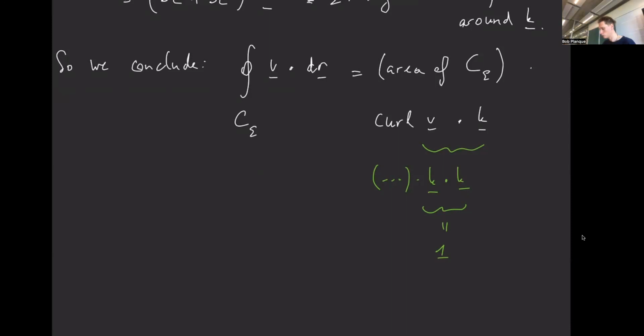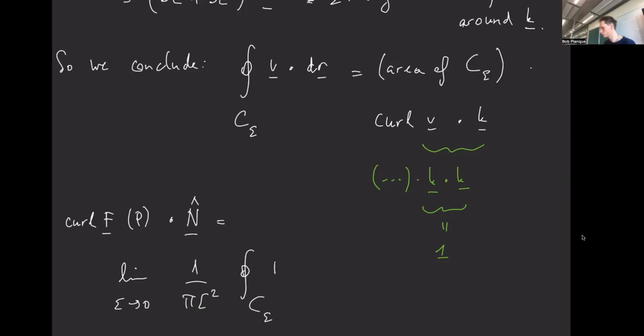And so the curl of some vector field f at a point P, when taking it with the inner product of the unit normal, that is, if this thing is tilted, then this is now seen to be this circulation integral per unit area of that circle that I'm doing the integral over.